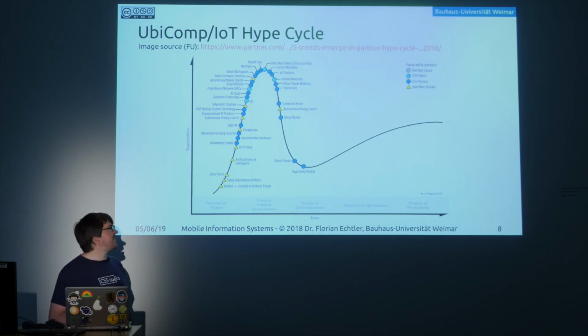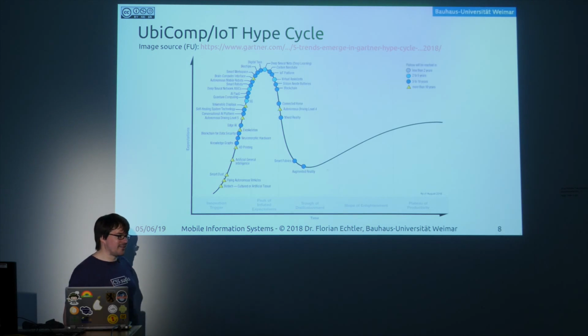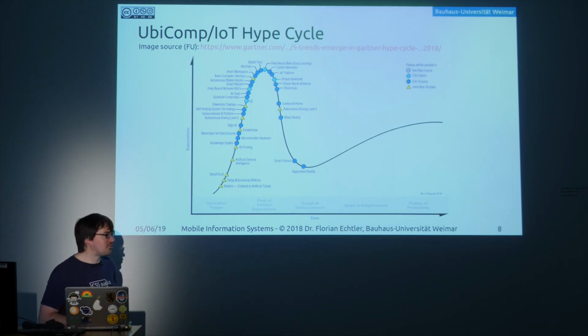The fundamental idea behind that is that there's kind of a peak of inflated expectations, they're calling it, for just about every new technology. So at some point people will really oversell new innovation and technology and basically claim that this is the greatest thing since the invention of the wheel, and it will solve all of humanity's problems.